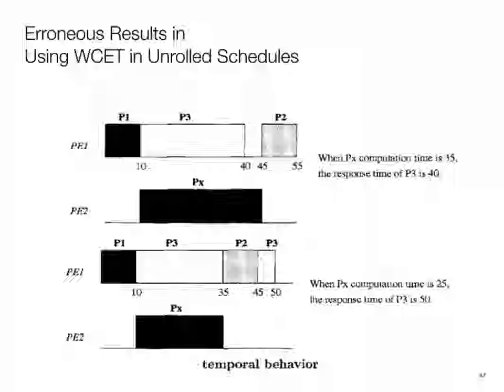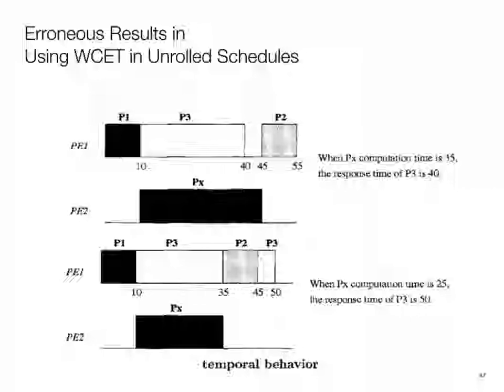And so the interesting thing here is that something ran faster and my system missed the deadline. That's the non-intuitive thing. Generally you would say, if something runs faster, then I'm only better off. Now imagine Px was not variable time.